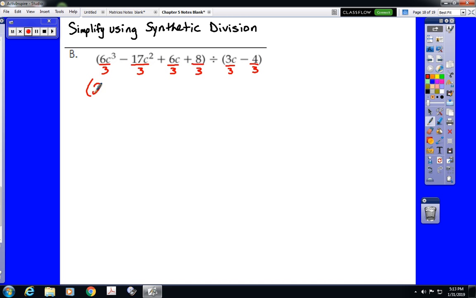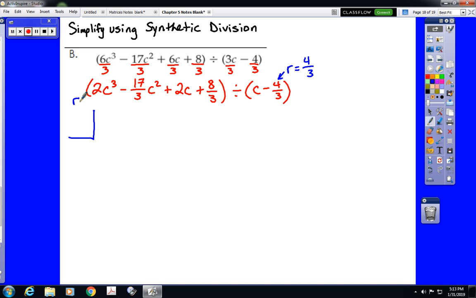That would change this problem into 2c cubed minus 17/3 c squared plus 2c plus 8/3 divided by c minus 4/3, which is necessary. It has to be in the form variable minus number in order for synthetic division to work. So in this case, our R value is positive 4/3.